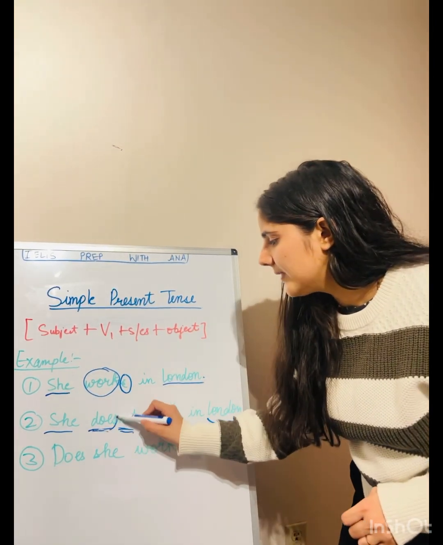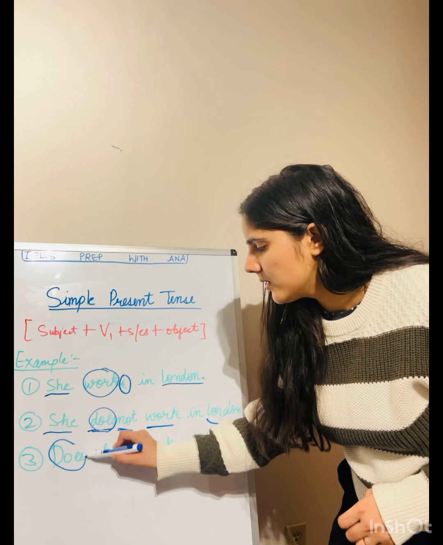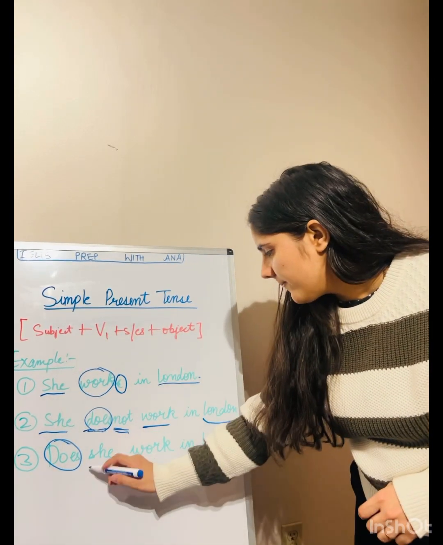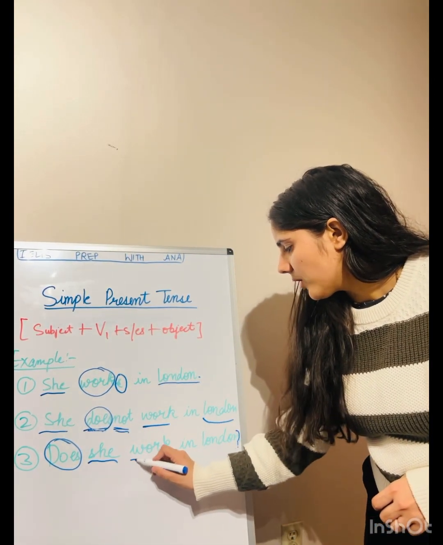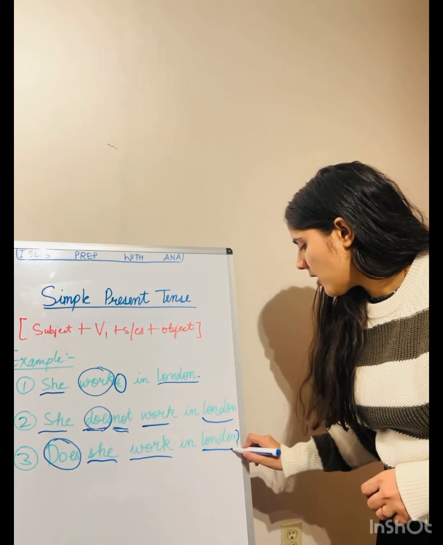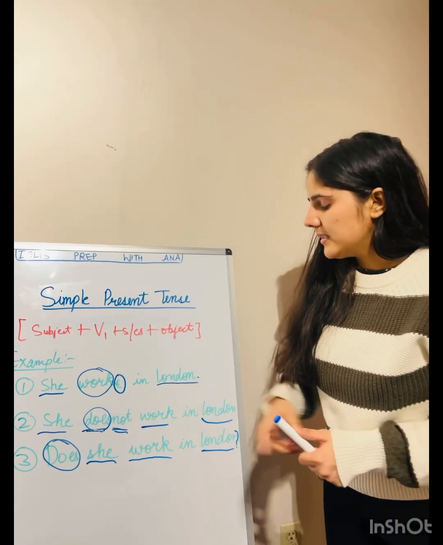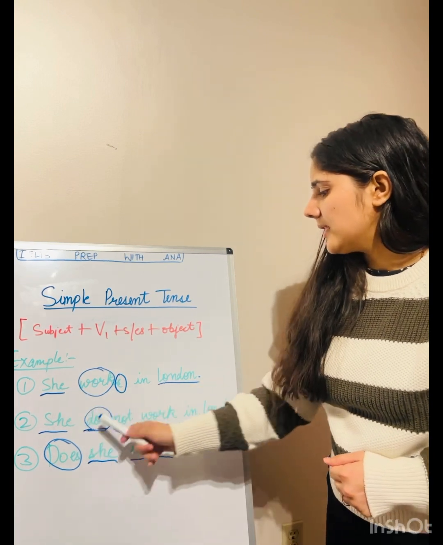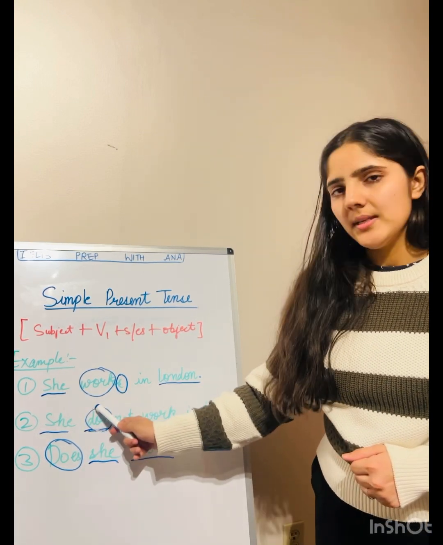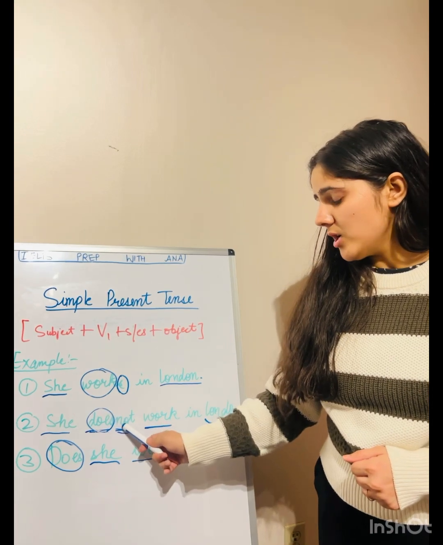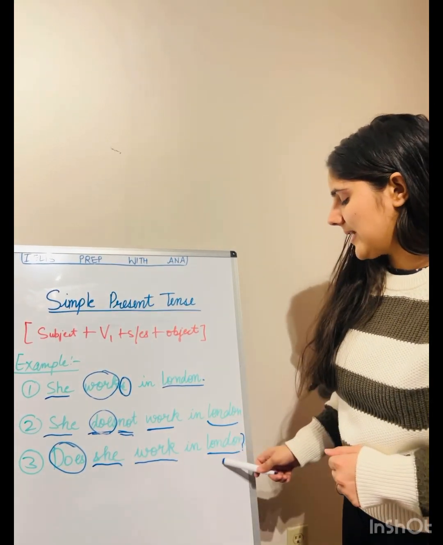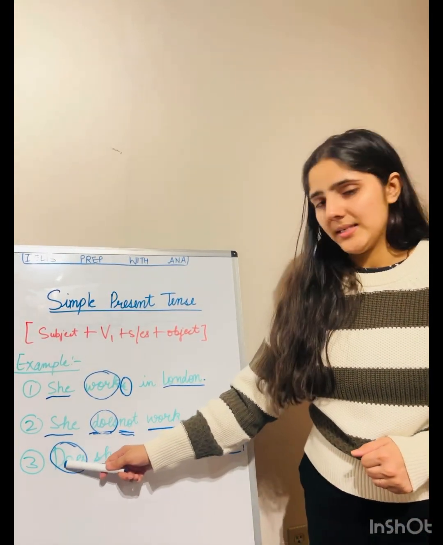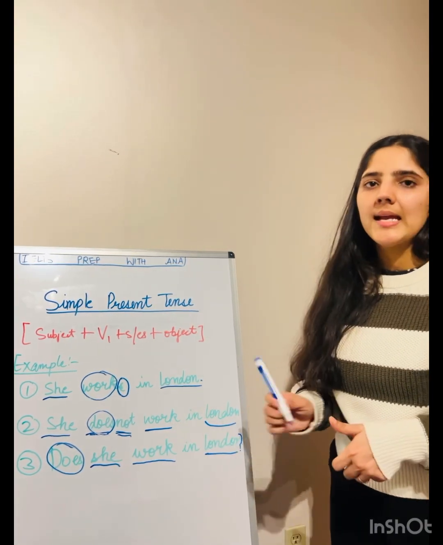So here, this does will come first, and then this is the subject, this is work first form, and this is the object. These are just the same things, just here in the negative sentence we use do or does plus not, and then in the interrogative sentences do or does comes first, and then there's a question mark at the end of the sentence.